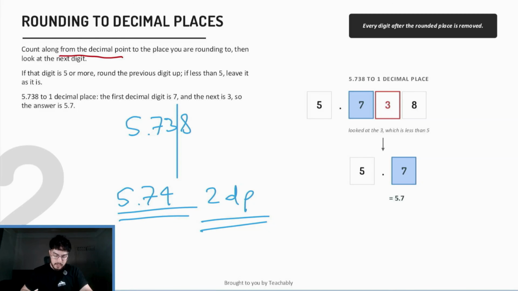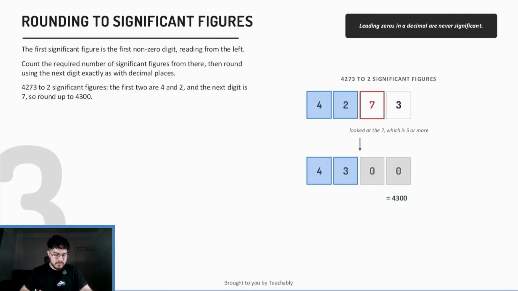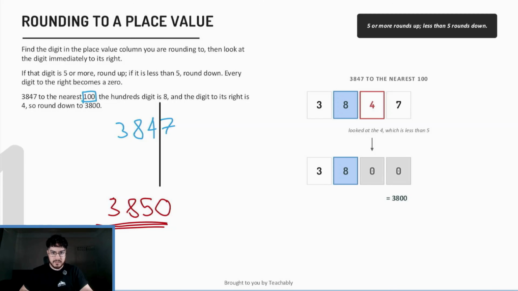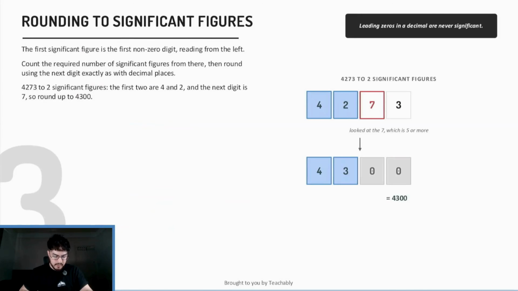It's the same. Moving on, rounding to significant figures. Okay, so this is rounding to a place value, but it's very, very similar. The first significant figure is the first non-zero digit, reading from the left. So count the required number of significant figures from there, then round using the next digit, exactly as with decimal places and place value as well. So 4,273. Round this to 2 significant figures.